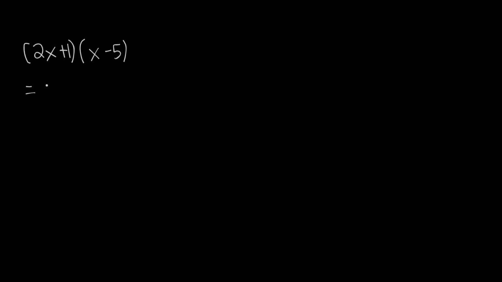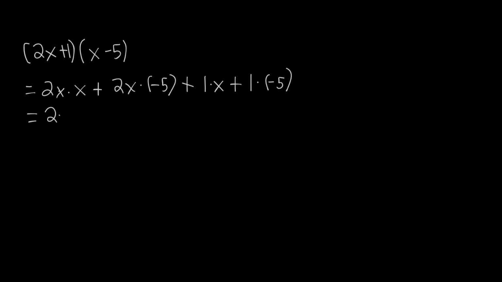So we're going to get 2x times x plus 2x times negative 5 plus 1 times x plus 1 times negative 5, which is going to give me 2x squared minus 10x plus x minus 5, or 2x squared minus 9x minus 5 as my final answer for this expression.